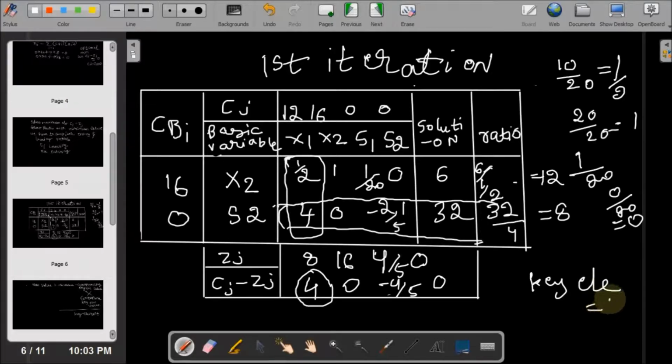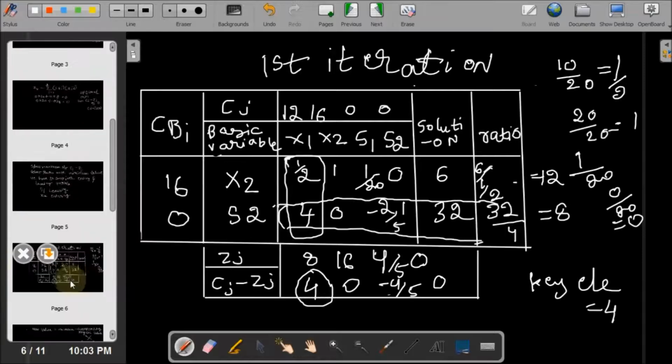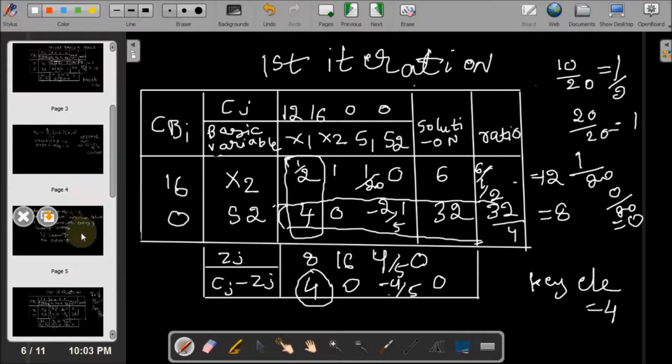Which is the variable that is leaving, and which is the variable that is entering? S2 is leaving and x1 is entering now.